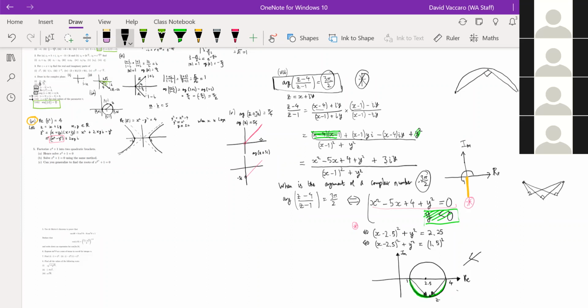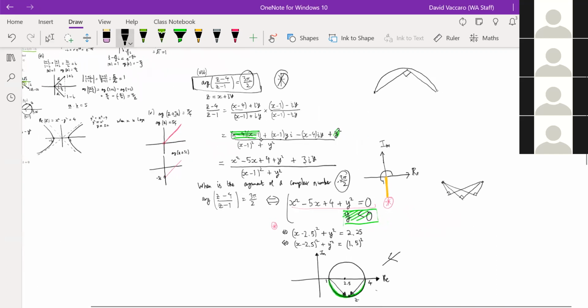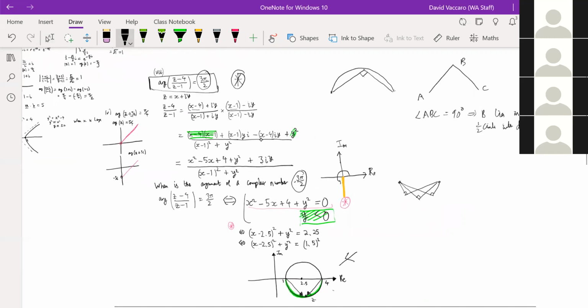The circle theorem that is used here is the converse to that result, that if ABC is a right angle, that implies that B lies on the semicircle with diameter AC.